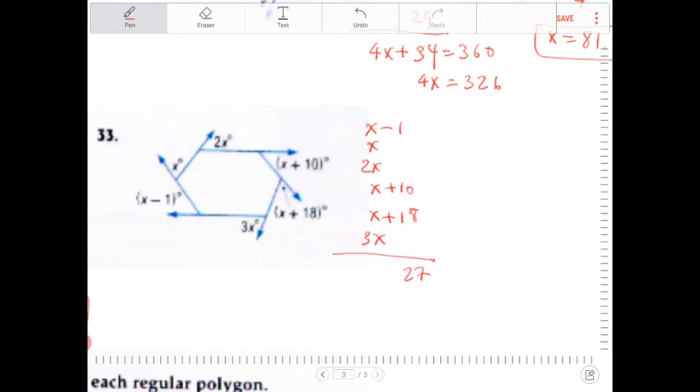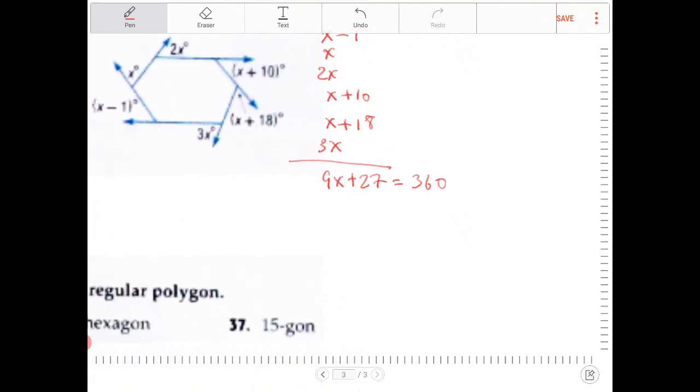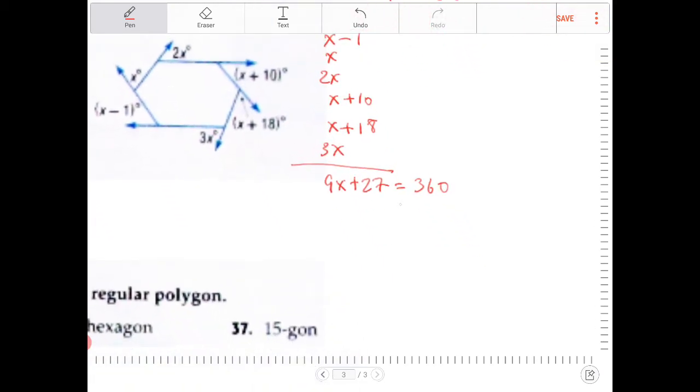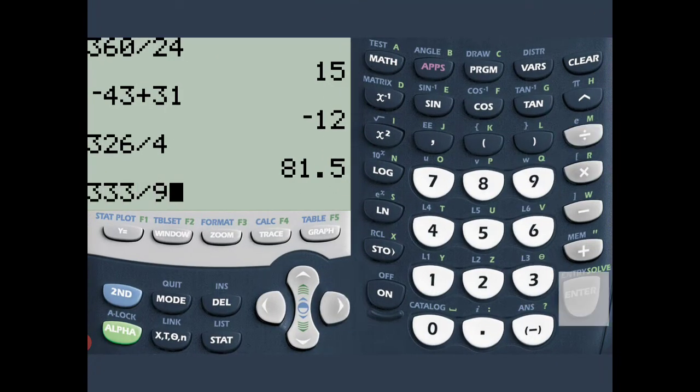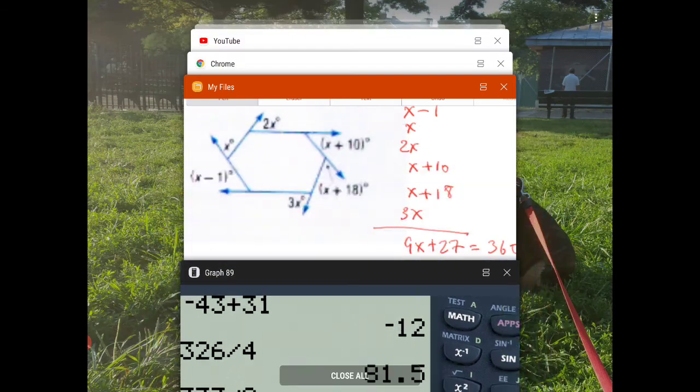How many x's altogether? 1, 2, 4, 5, 6, 9x, plus 27 is equal to 360. Subtract 27 from both sides. I end up with 333. Divide by 9. 333 divided by 9 is 37.